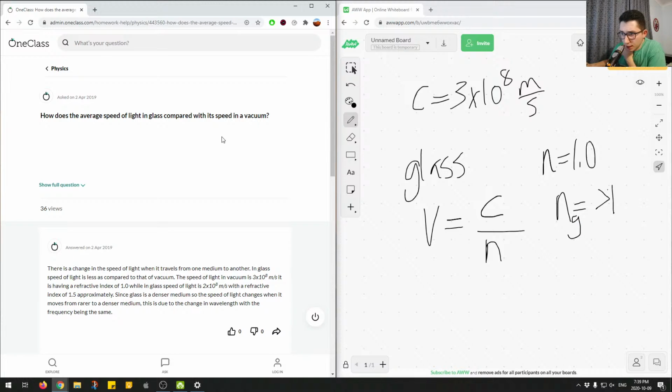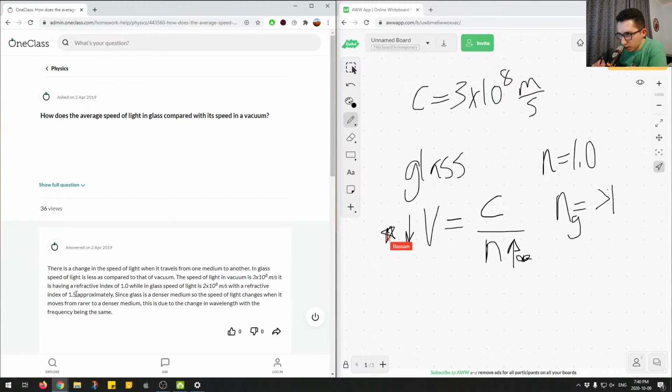So we can look up the exact value. So here we can see from just the number provided here that the exact value is 1.5. We don't necessarily need to know that to answer this question, but for most materials that are denser than vacuum, all of them have a refractive index greater than 1. So what this means, if we increase the bottom compared to what it would be in a vacuum, the speed over here would decrease because we're increasing the denominator, and we'll end up with a smaller value for speed.